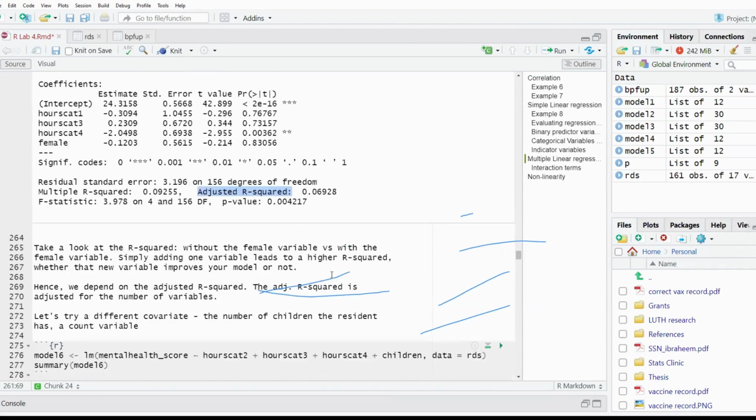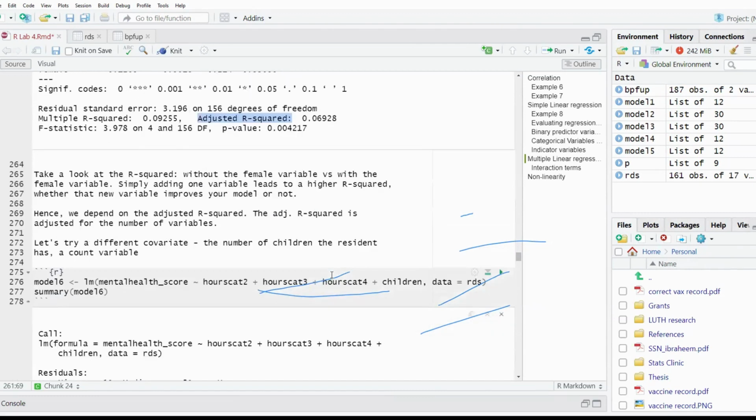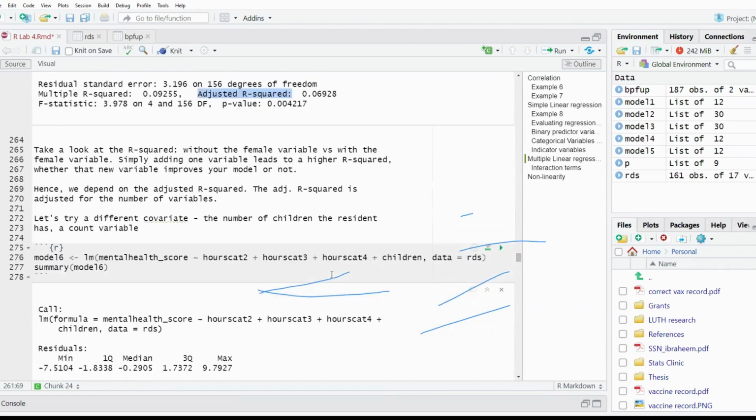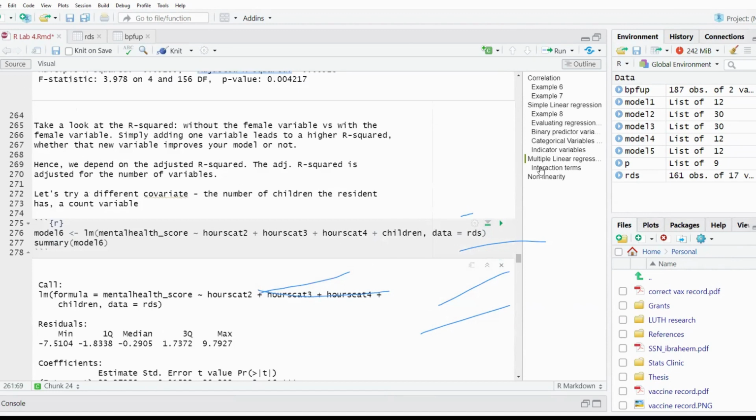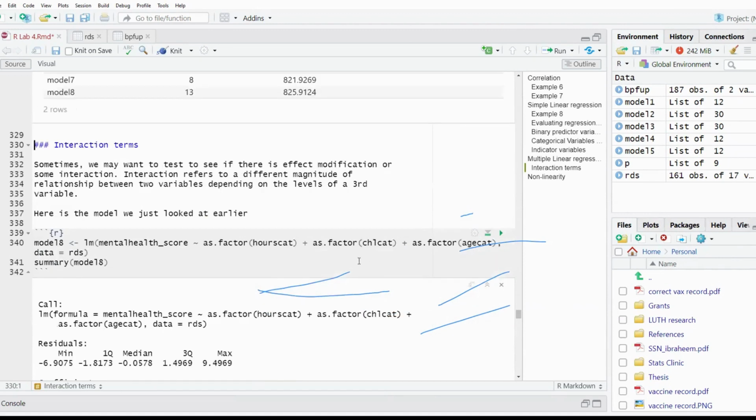We have 10 more minutes, and I want to just quickly talk about interaction terms. You can go through the other examples that I just did, but I want to quickly talk about interaction terms.